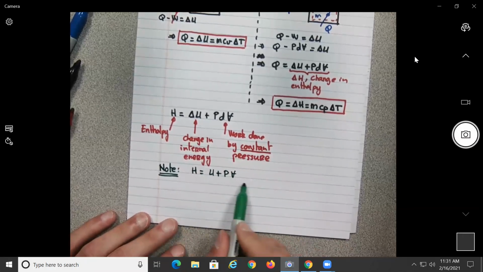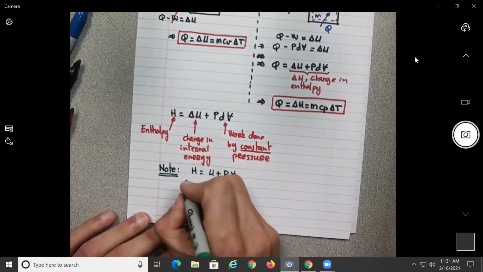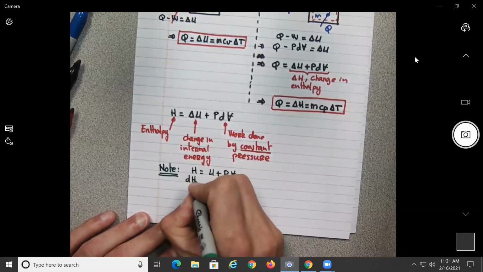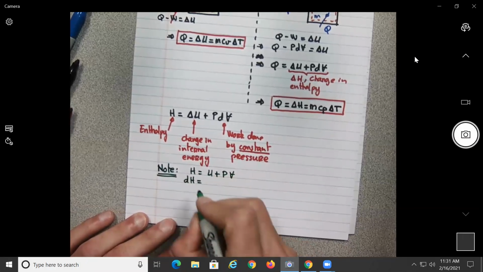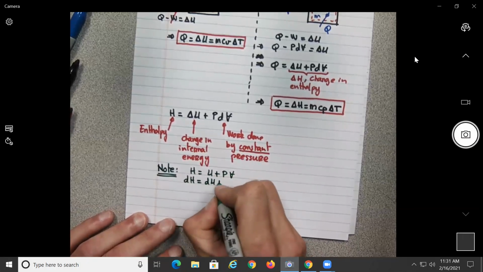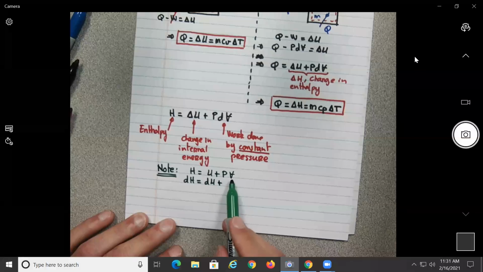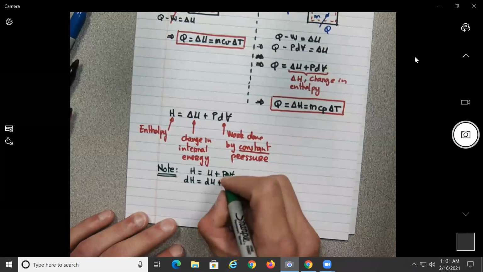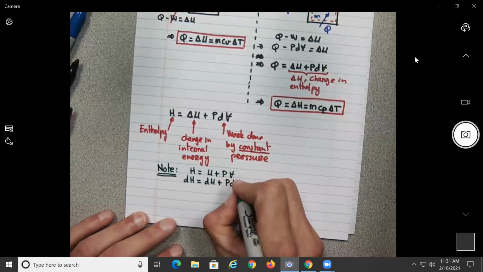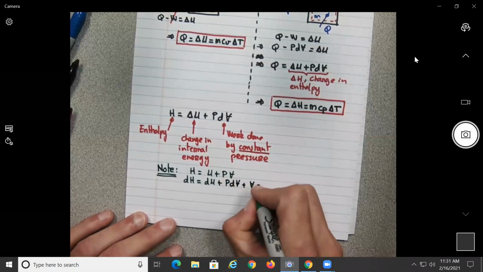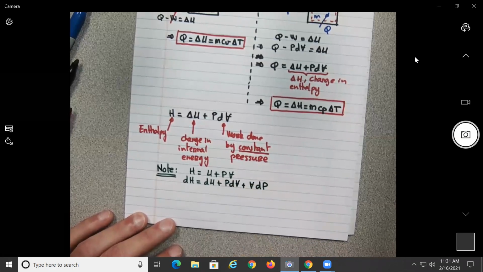So if we do the derivative of this, what would that be? It will be dU, and now the derivative of this will be, if this is uv, u prime v plus uv prime, no? So it should be equal to PdV plus V dP.